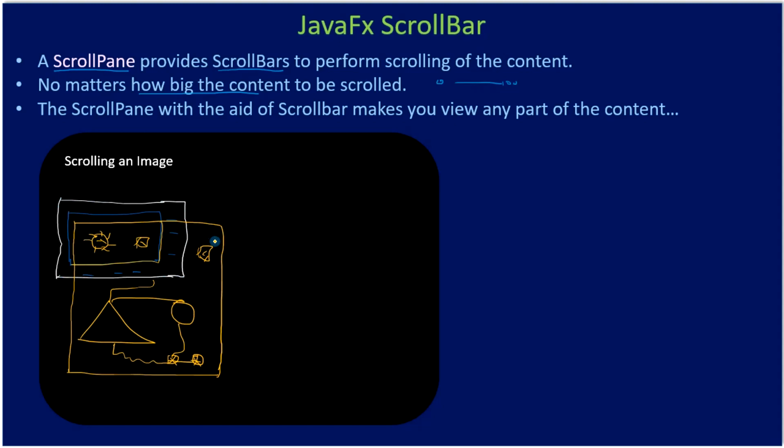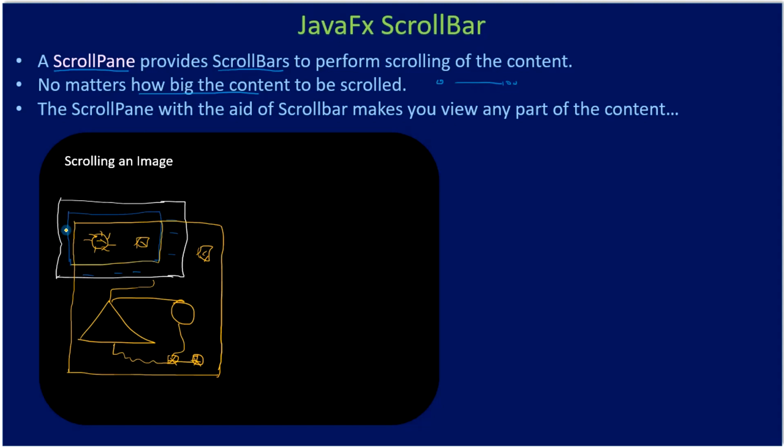So if you don't want to stretch or compress and scale, or if you want to view the original image document without any stretching or scaling, then the document will not fit in your ScrollPane and it will not fit in the window, stage, as well.